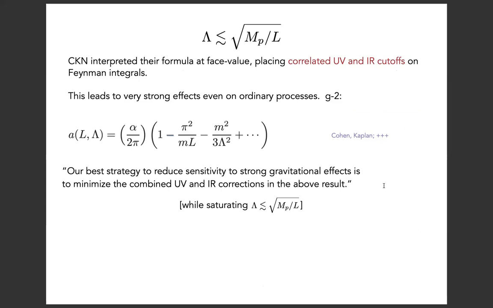I agree. Using this as a cutoff on few-particle Feynman diagrams, particularly for very large boxes, like if I take this to literally be the size of the cosmological horizon, that gives you a cutoff at the energy density associated with the cosmological horizon, which is completely crazy.